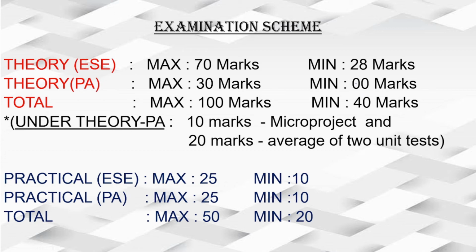Of these 30 marks, 10 marks are for the micro project and 20 marks are for the average of 2 unit tests. There will be 2 unit tests of 20 marks, and their average will be added in these 30 marks. The total is 100 marks, and for passing you need 40 marks.